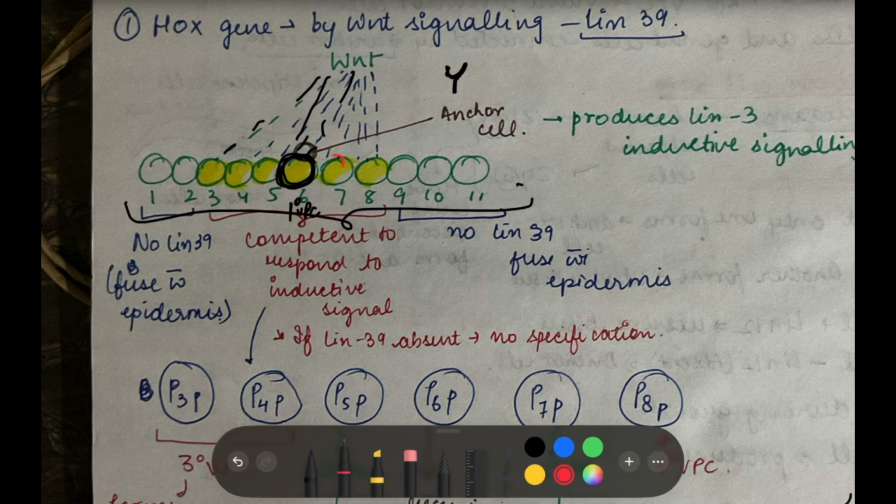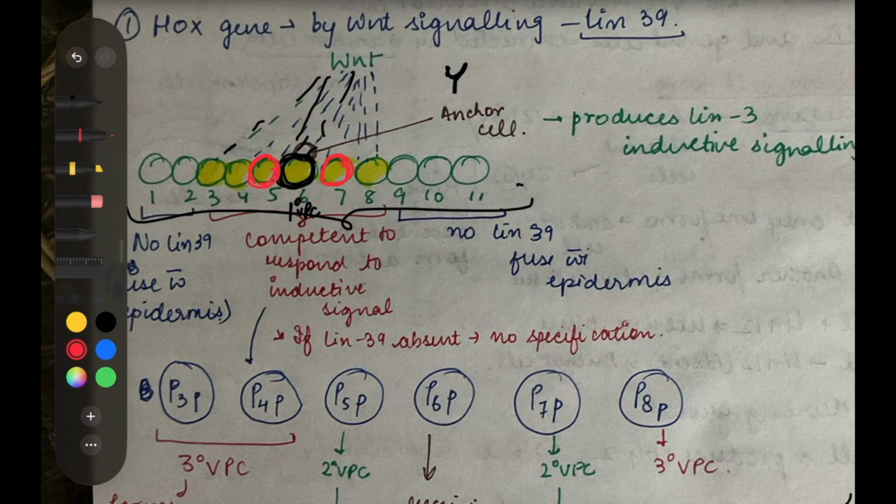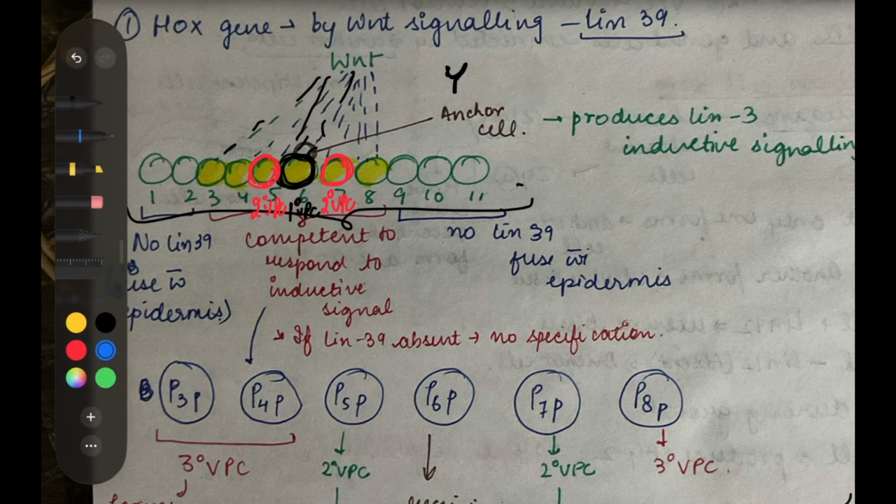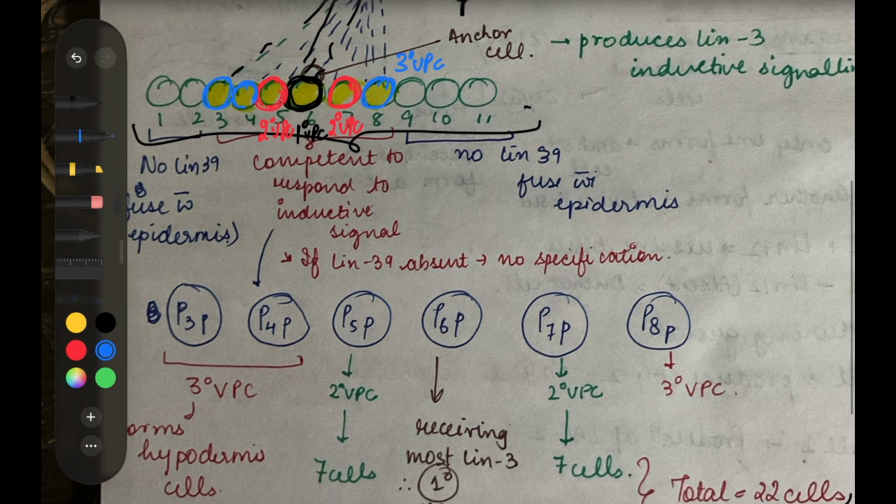Then P7P and P5P, these receive lesser amount of, have lesser amount of Lin3 receptors, so it forms secondary VPC both. And rest 3, P3P, P4P and P8P, these form the tertiary VPC, have the least signaling, right?